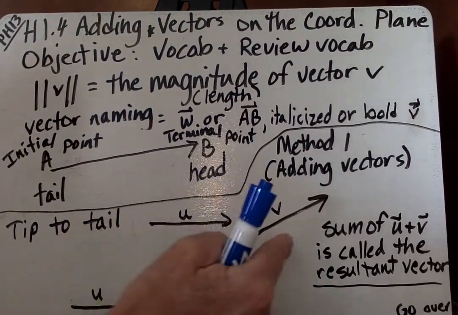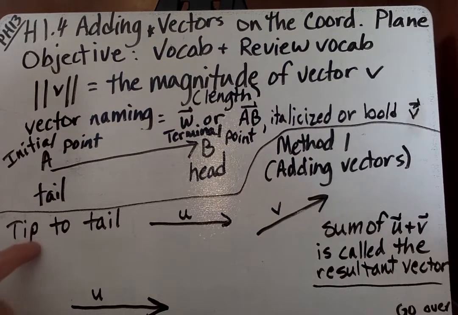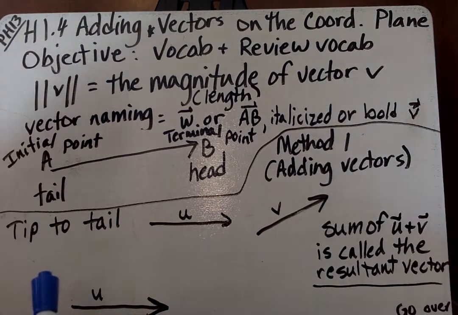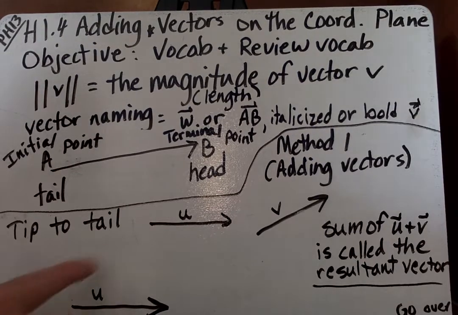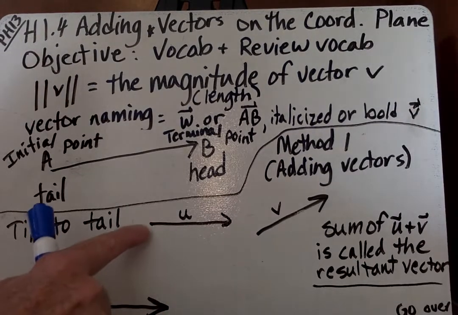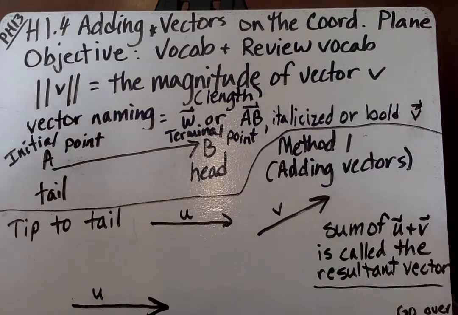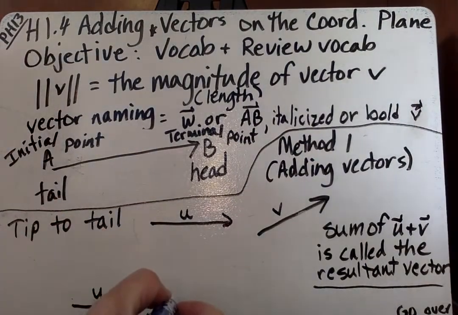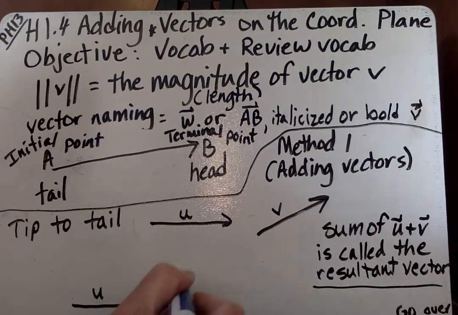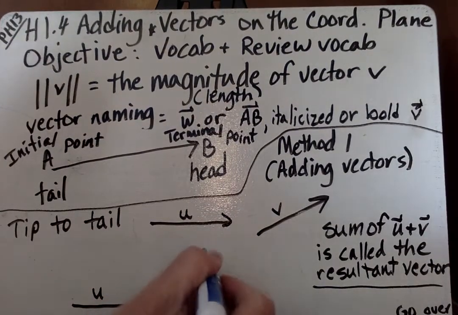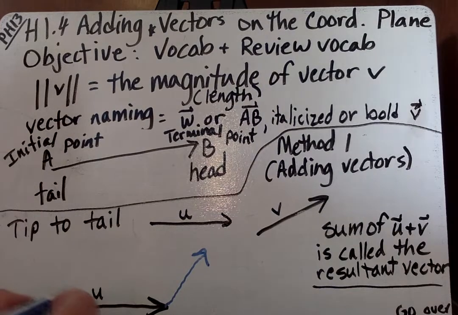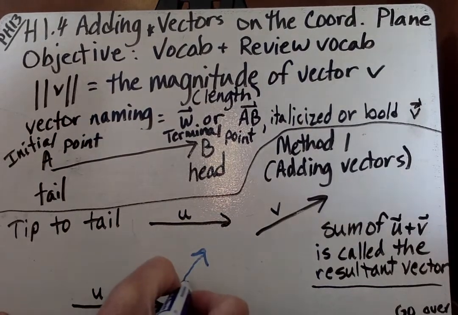So if we add U plus V, when we're using tip to tail, see right here is the head right here. Here's the tail. We're going to take this tip and we're going to put this tail at this tip so we can put them right together. So U plus V, and that's not very straight, but that's okay. And then this will be V.